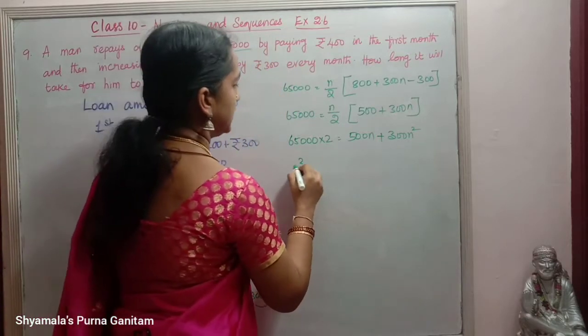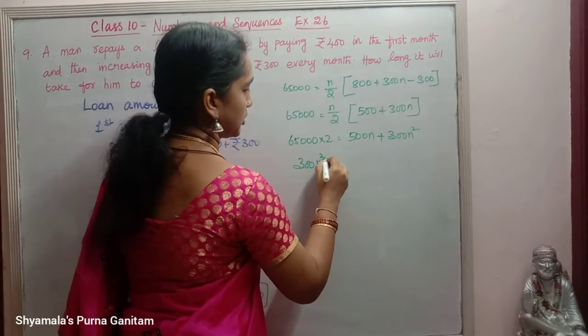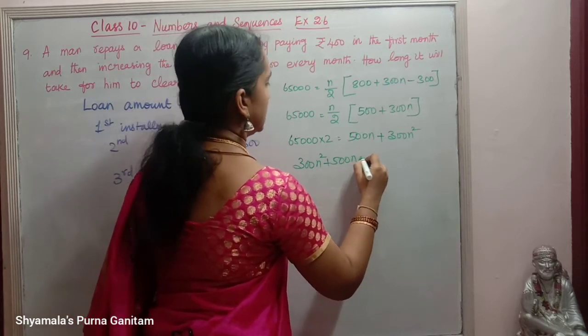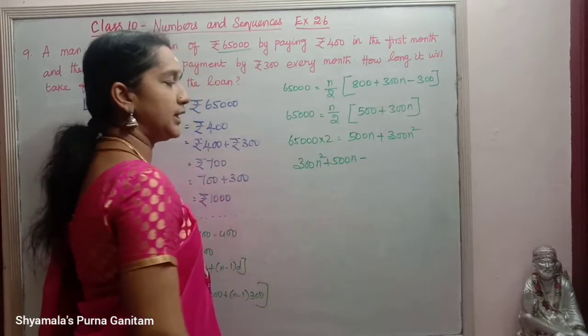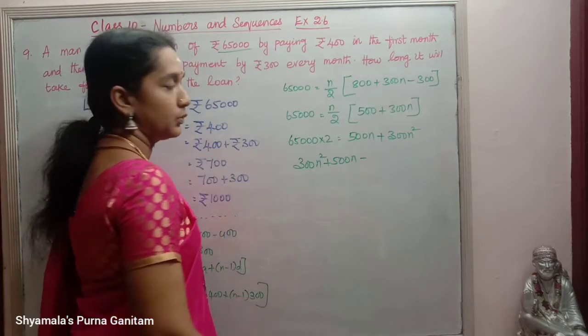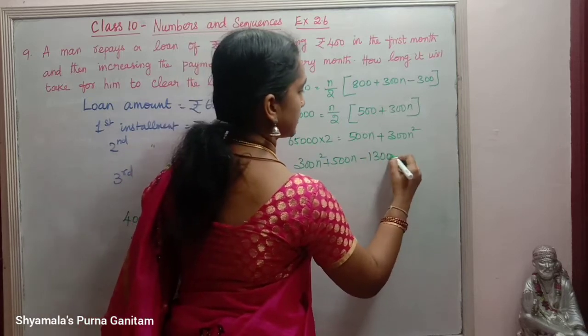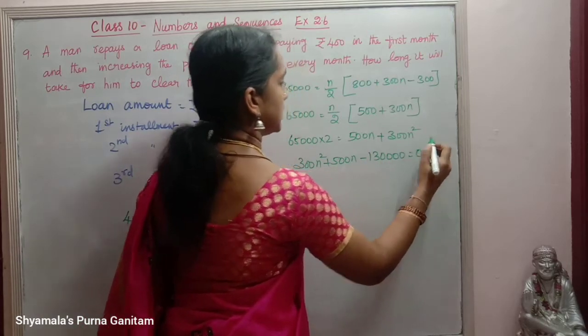Okay, so this one: 300 N squared plus 500 N minus 65 into 2 is 130, 130 followed by 3 zeros, is equal to 0.